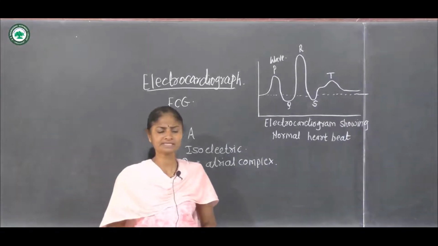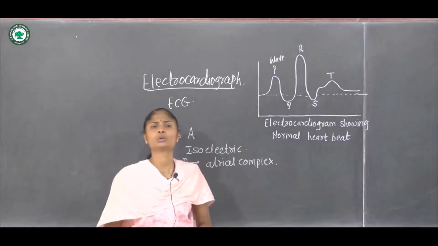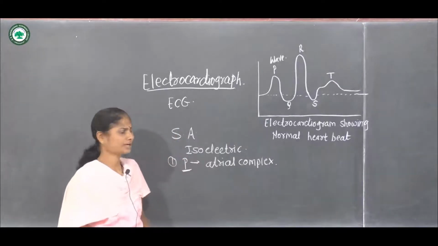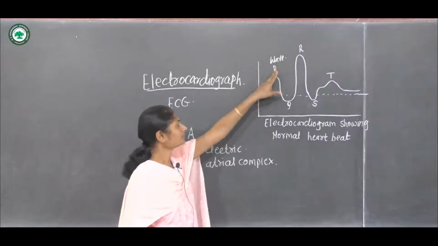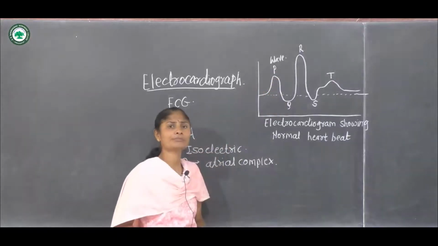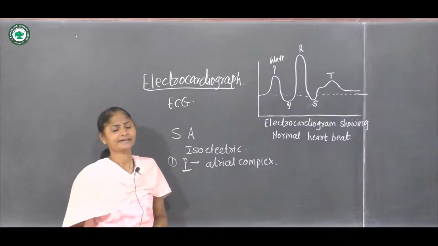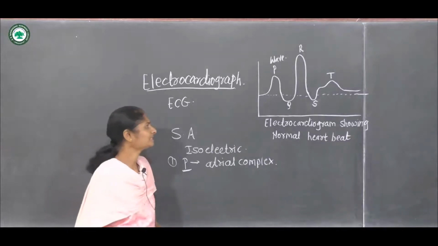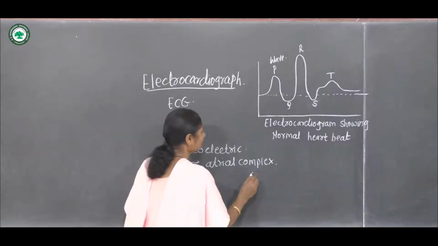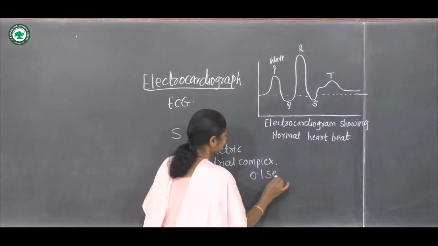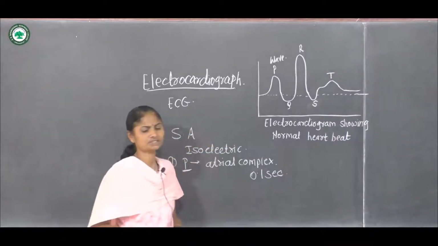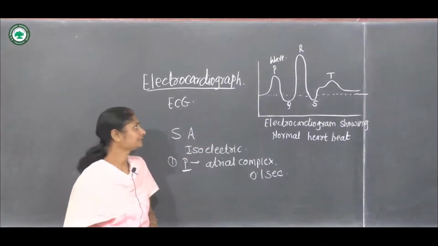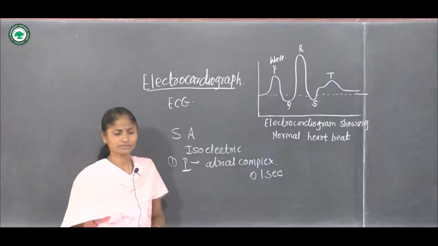It takes place when the impulse spreads over the arterial chambers. This P wave forms when the arterial complex contracts, and the average duration of the P wave is 0.1 second.